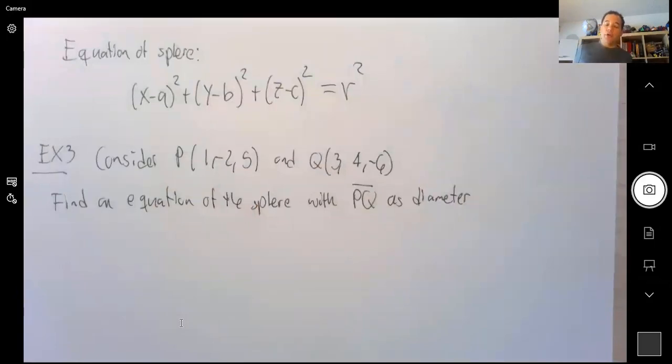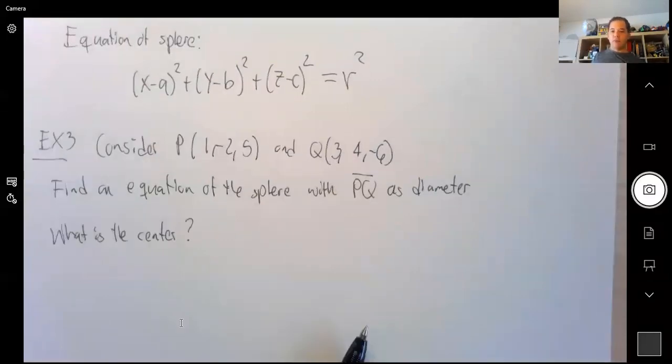So what do we need to find the equation of a sphere? We need two things. We need the center of the sphere and the radius of the sphere. Okay, those are the two things we need. So how do we find the center first? If it was a circle, how would you do it? If you know the diameter of a circle, how do you find the center of the circle?